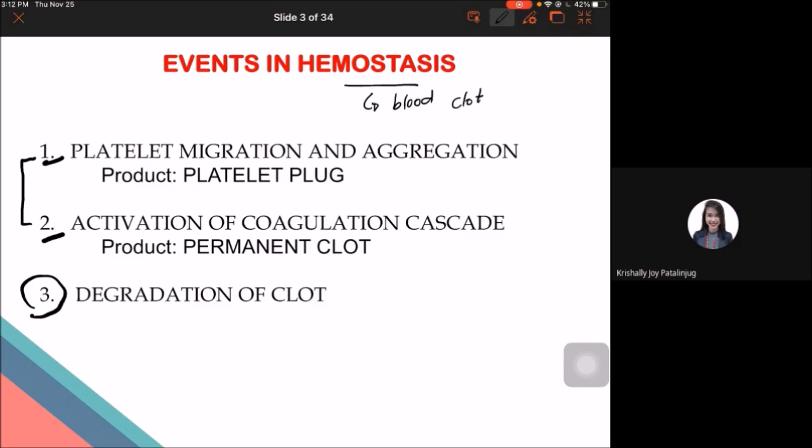Okay, so right now, let's start with the first event involved sa clot formation, and that is the platelet migration and aggregation. Okay, and after that, we will discuss the second event sa clot formation, activation ng coagulation cascade.